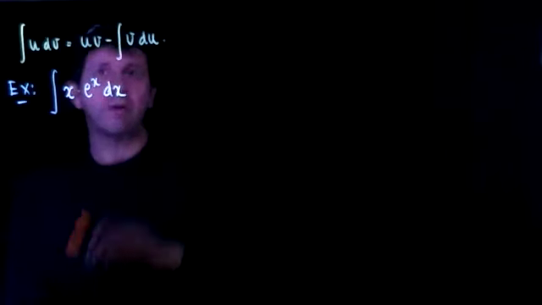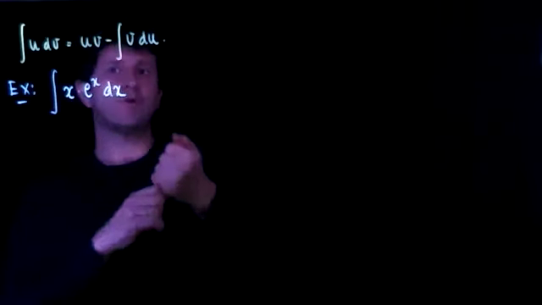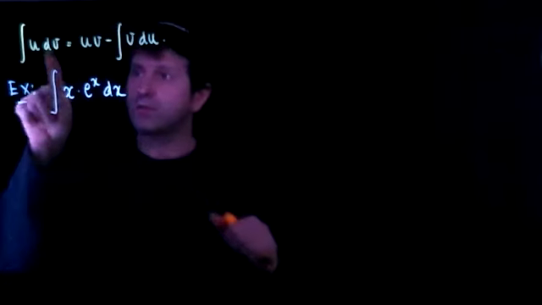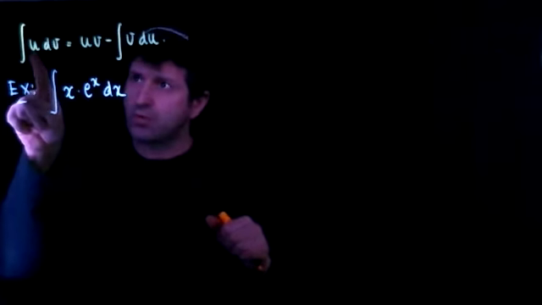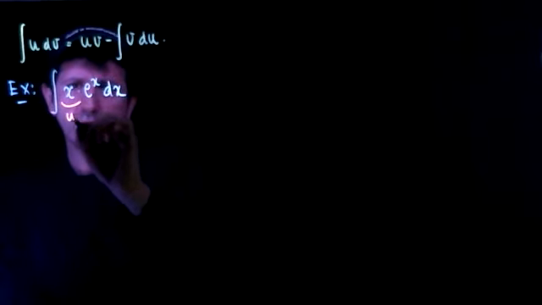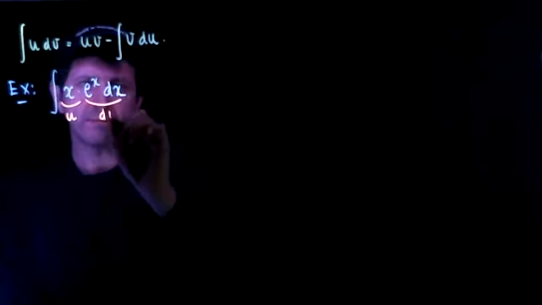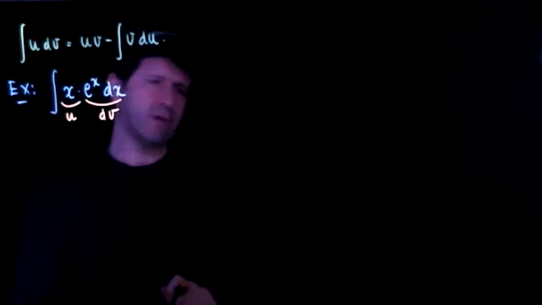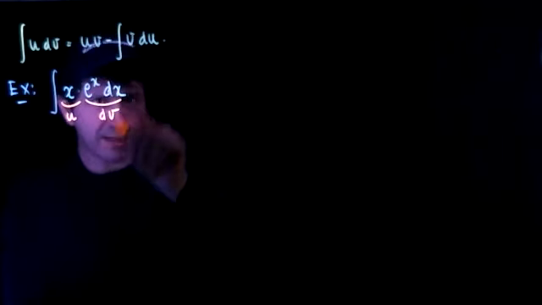So let's go. I will use the integration by parts formula. So that's what I have here, u dv. I'm going to call this u, and I'm going to call this dv. The dv always has a dx.